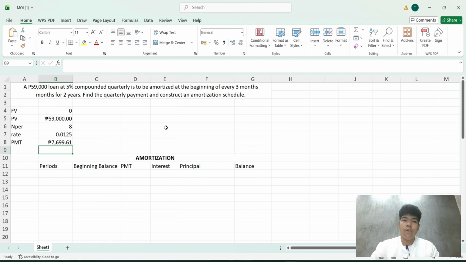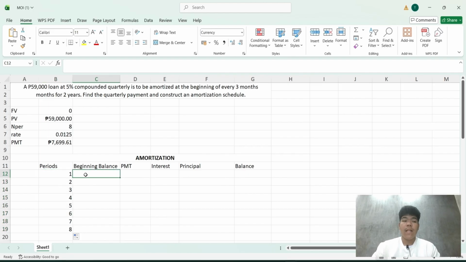Now let's move on to our amortization schedule. Here, let's first put our periods. Now our periods is 8, so we put down 1, 2 on the next cell, select both, and drag this minuscule box corner until we get 8. And let go. And now we have 8 periods.